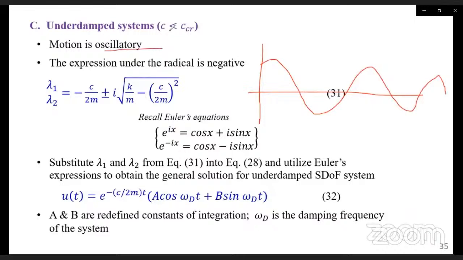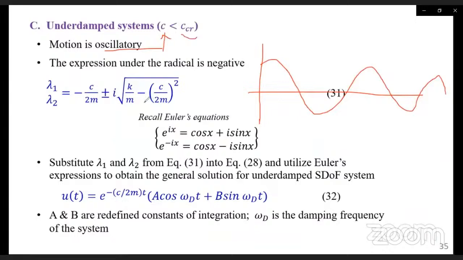So for the damped system, C is less than C critical. That is, the actual damping coefficient is less than the critical value. Remember, the critical value is the point at which, if the damping coefficient exceeds it, there will be no oscillatory motion. So for us to have oscillatory motion, let's maintain our damping coefficient below the critical value.